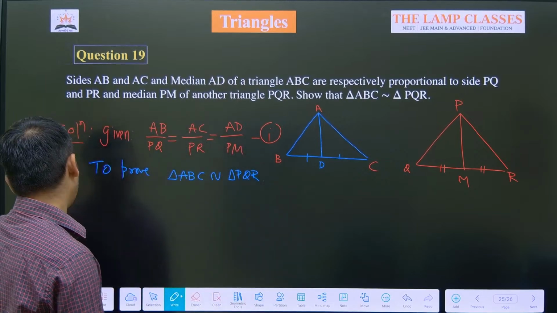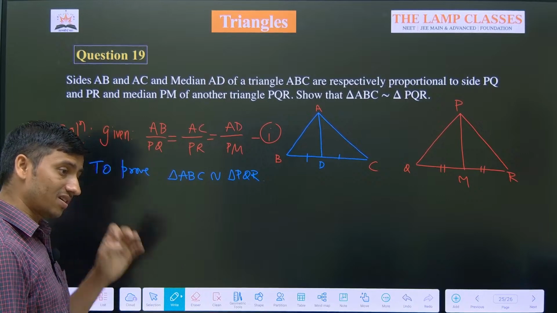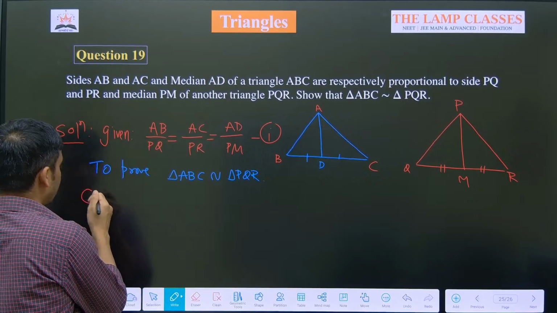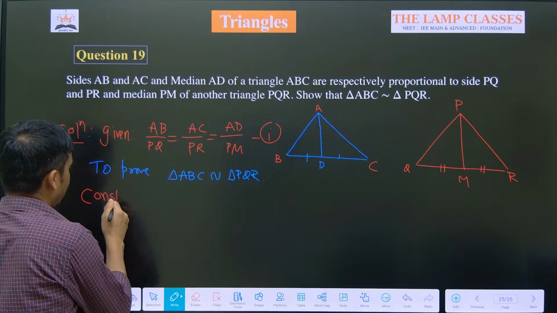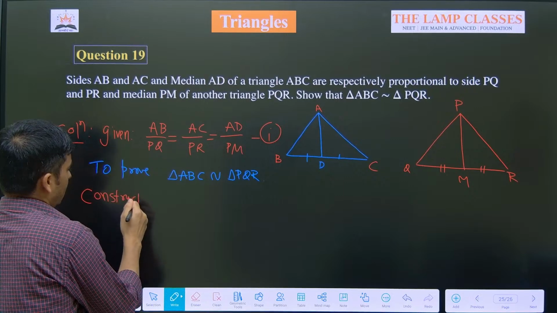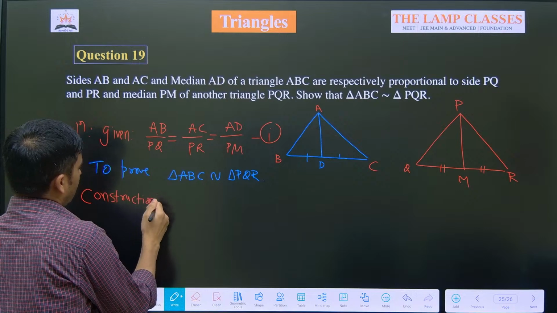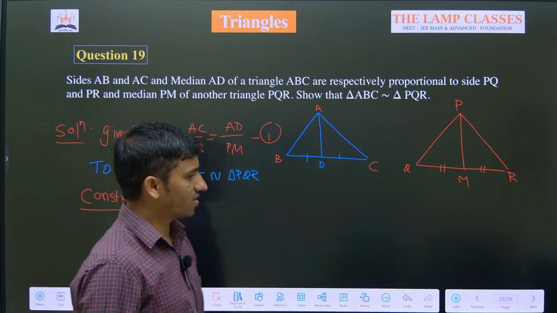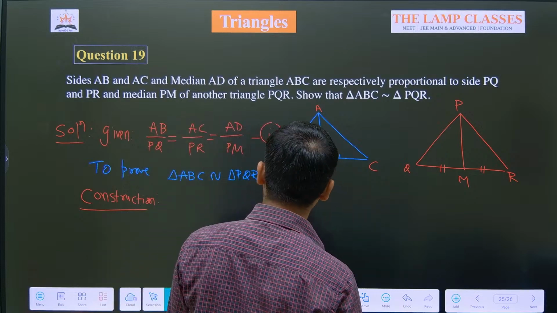Right. So here you know there is a construction required, guys, and that is very essential. Let's try to understand what construction we need. Whenever this median comes into the picture, this construction is very helpful. What do we do?